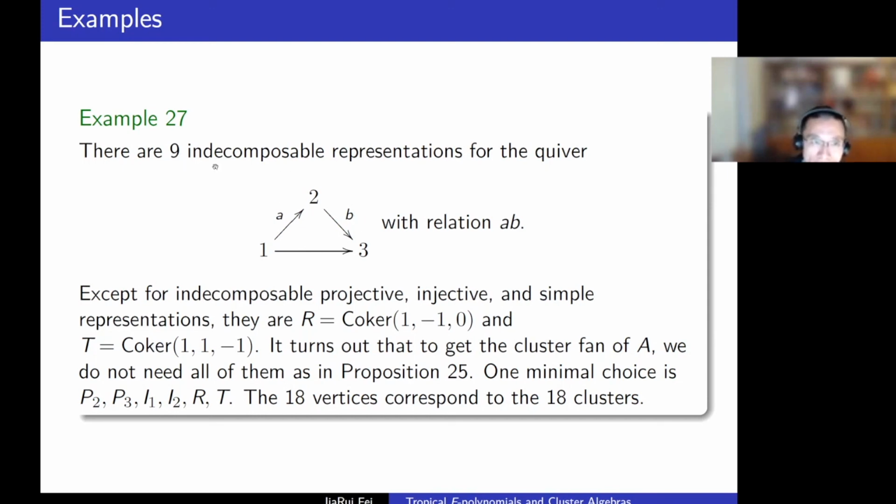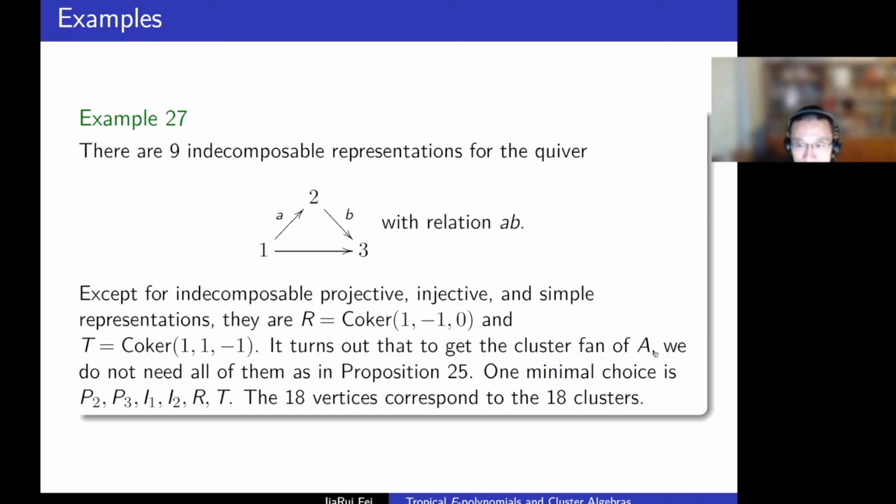It is easy to work out that there are 9 indecomposable representations for this quiver. Except for those projective, injective, simple representations, there are another 2 which are slightly complicated, but easy to describe as a co-kernel of a generic presentation.